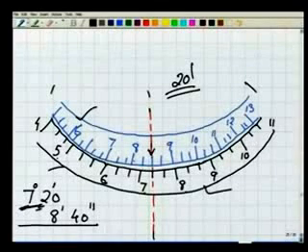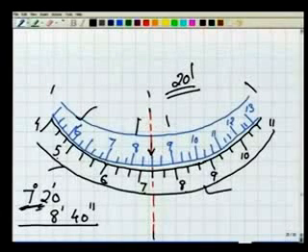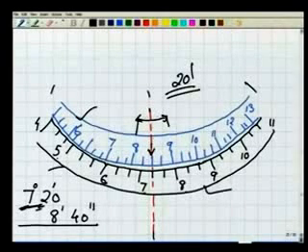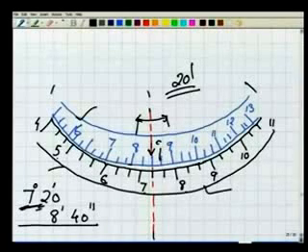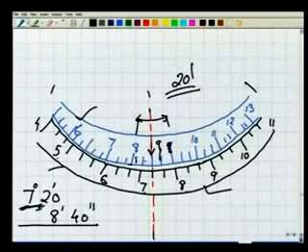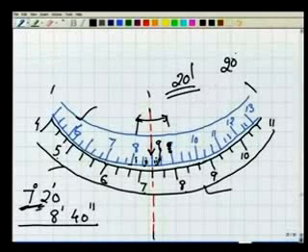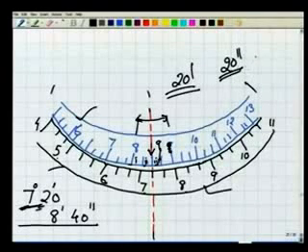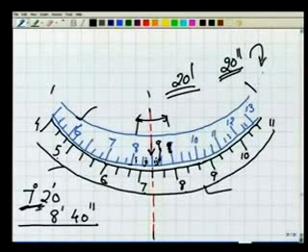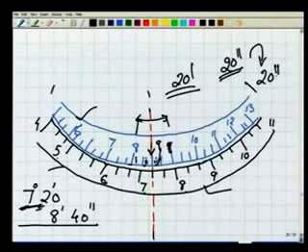If you can see in the vernier, each minute is further divided in 3. 1, 2, this should be 9 here. So it is further divided in 3. One part, second part and third part. So each corresponds to 20 seconds. So you can see the least count in the vernier is 20 seconds.